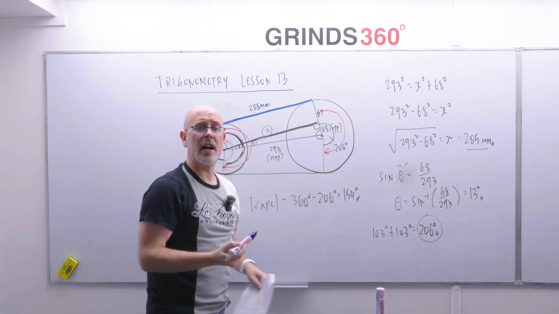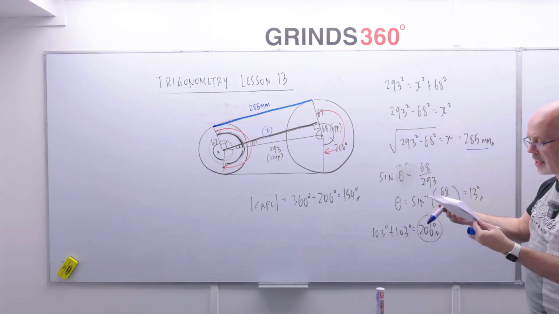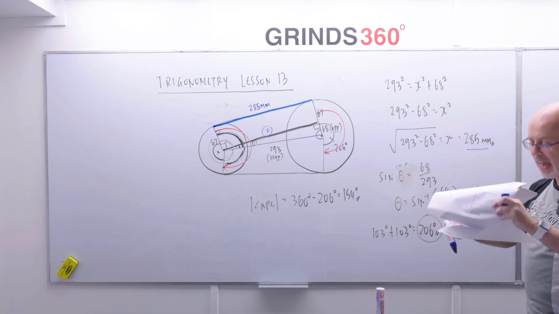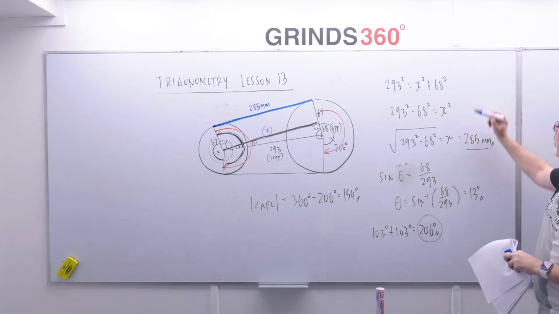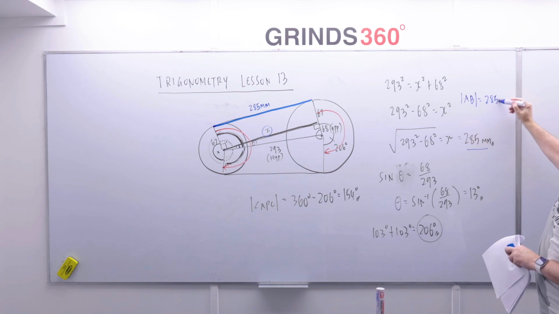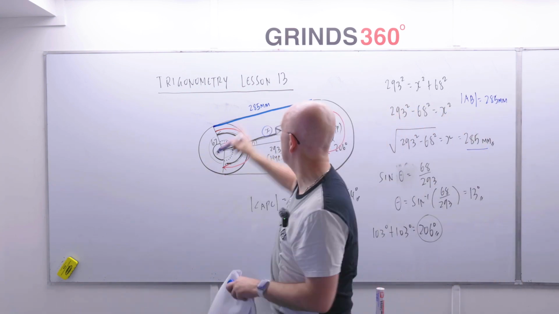I should have included a line at the end there that says that means the side we were looking for, that AB, is also 285. Because the X I found there was not the side he asked me to find. He asked me to find AB.